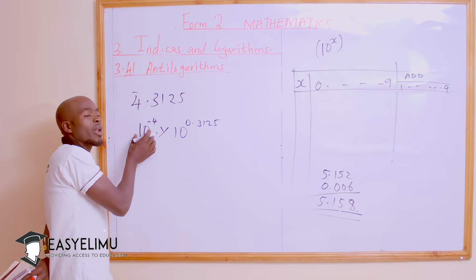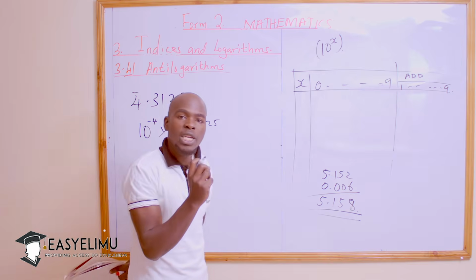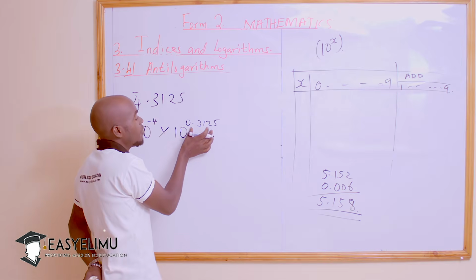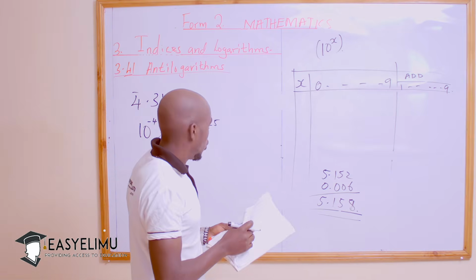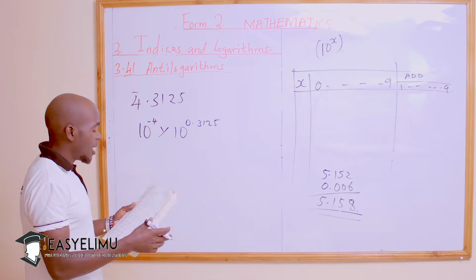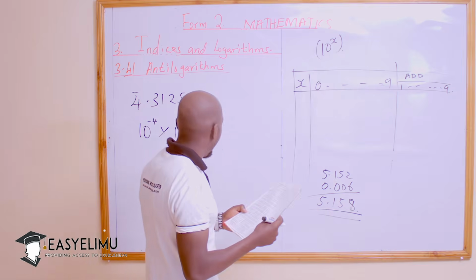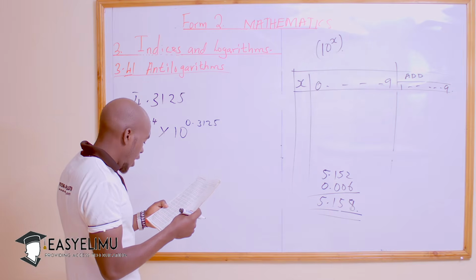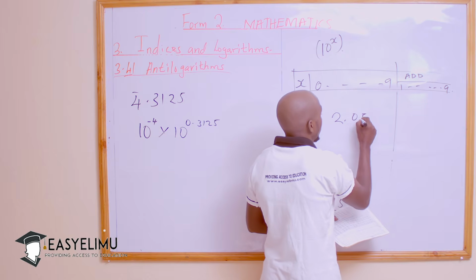Here, this one you already know how to find the value. And here we need the anti-logarithm table to help us find the anti-logarithm of 0.3125. Using the same procedure, under the row of 0.31, column of 2, you will find 2.051.